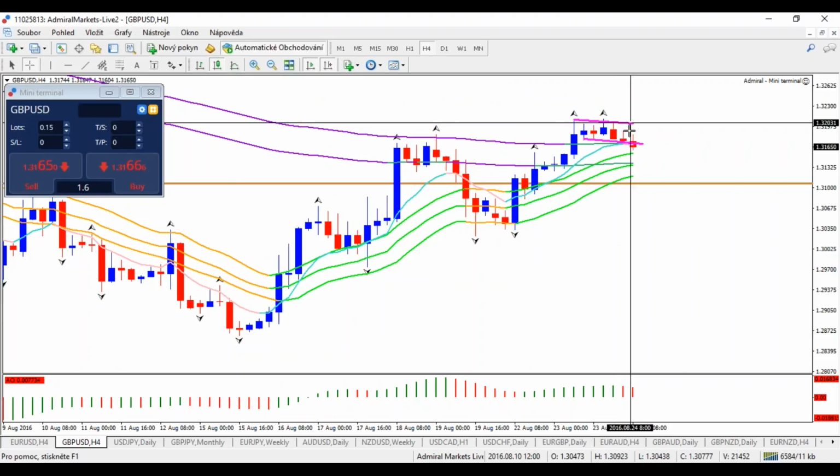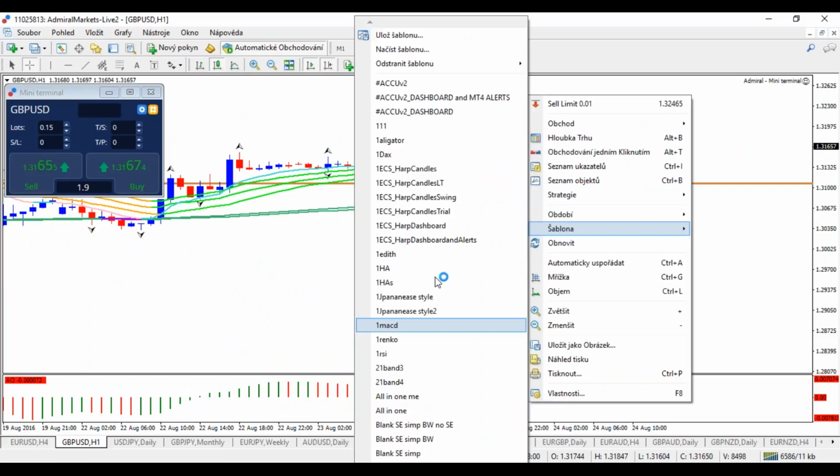Let's put the Keltner on again. Let's see.